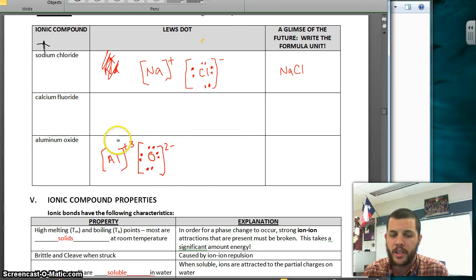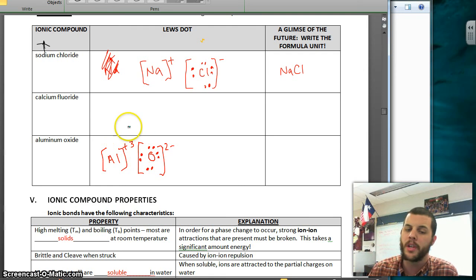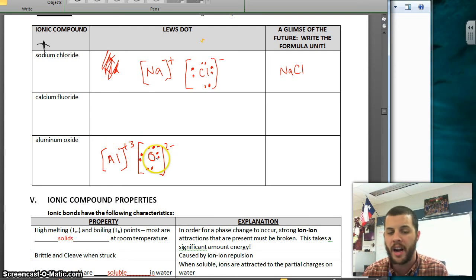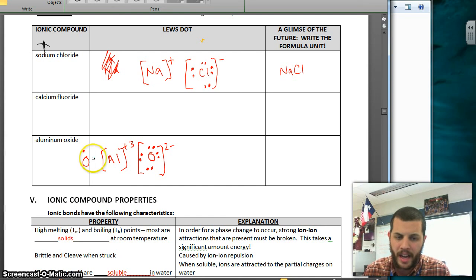So now my question is, do my charges cancel out? No, of course they don't. So what do I need more of? I need more oxide ions because I've got +3 here and 2 minus here. Well, can I make an oxide ion that only has a -1 charge? I can't. Okay, and since I can't, all I can do is add an oxide that has a -2 charge.